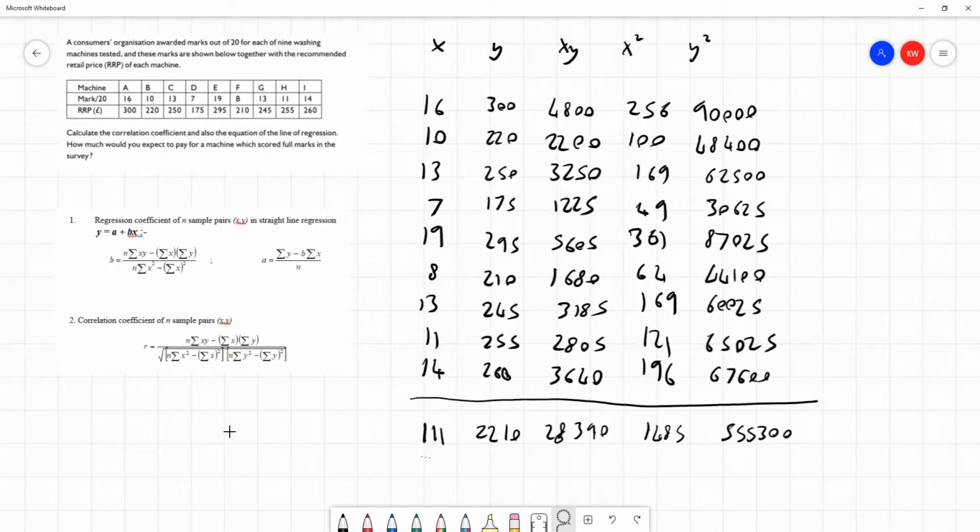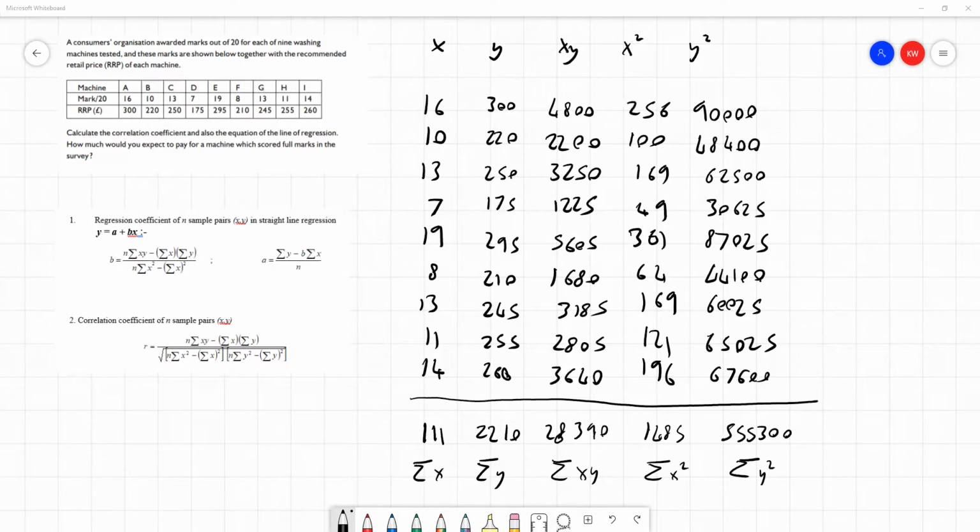So we've got sigma x, sigma y, sigma xy, sigma x squared, and sigma y squared. And that will allow us to have all the values we need in order to carry out the calculations. Another thing to add is sometimes questions would ask you to plot the graph.